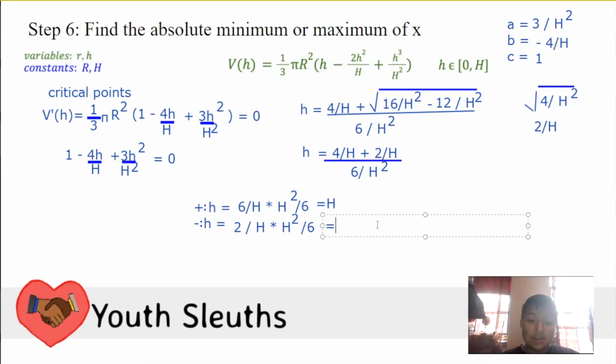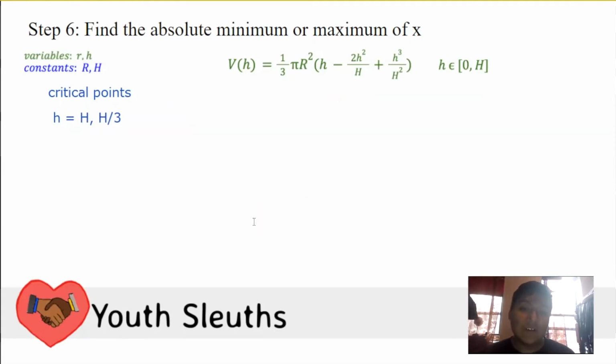When we do this, the end result we end up having is big H over 3. So now we have our little h values for the critical points.